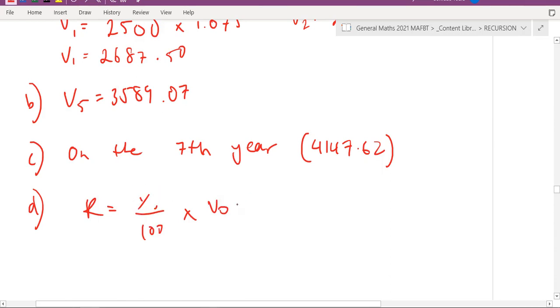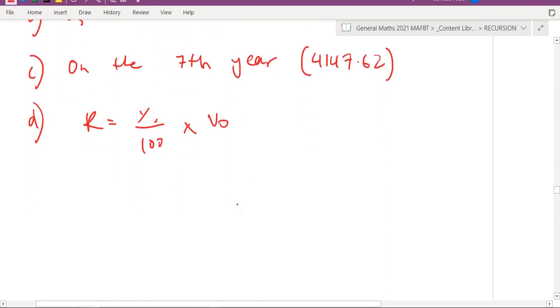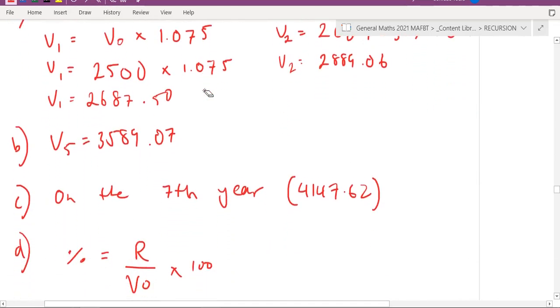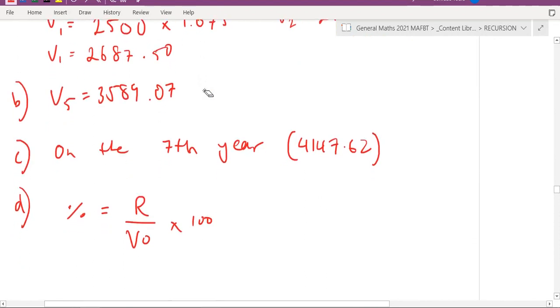What I did with this formula, and this is not really an official one, but you can use it, is R divided by V0, then times by 100. So percentage equals R divided by V0 times 100. You can actually then find the original 7.5%. Can you just reverse how you find the percentage?